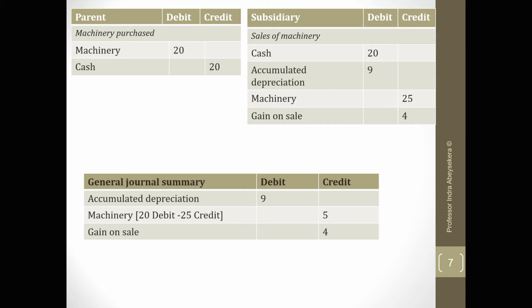When we combine the general journal entries of individual entities, cash cancels out and we come up with debit accumulated depreciation 9, credit machinery 5, credit gain on sale 4. So it is this summarized general journal entry we need to reverse in the consolidation, eliminating it by recording the opposite of debit to credit and vice versa.